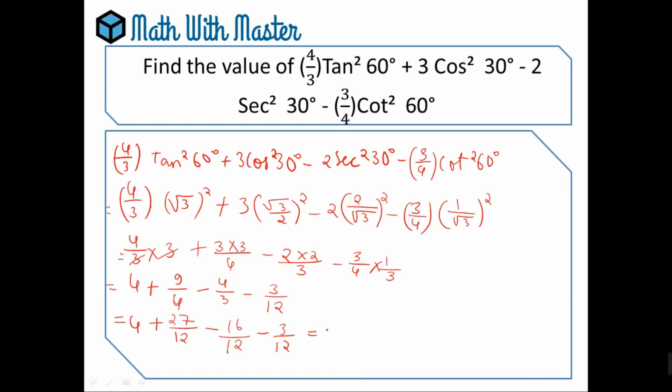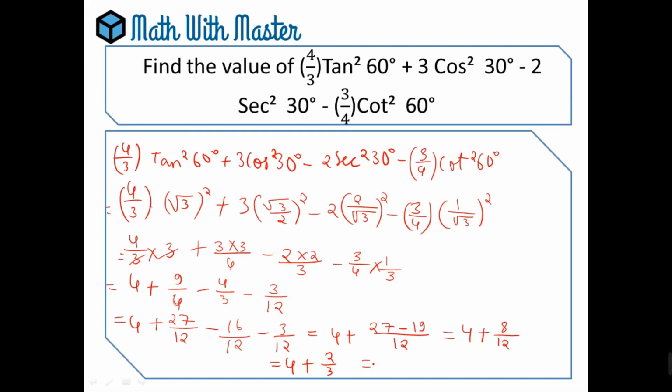So 4 plus (27 minus 19) upon 12 is equal to 4 plus 8 upon 12, is equal to 4 plus 2 upon 3.